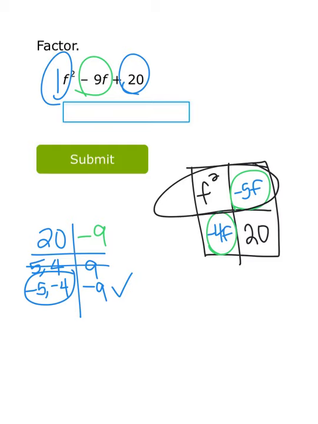Now we just need to factor out our box. This time we have negatives, so here's another rule to keep in mind. You're always going to use the sign that's touching the outer edge of the box. So whenever I factor f squared and negative 5f, since f squared is touching right here, it's going to be positive.